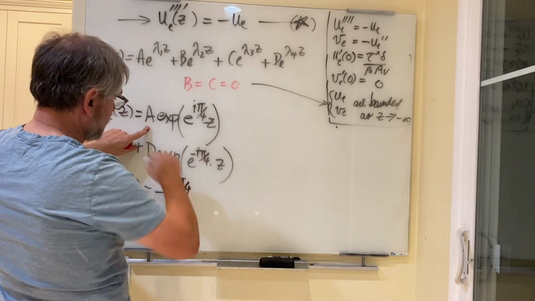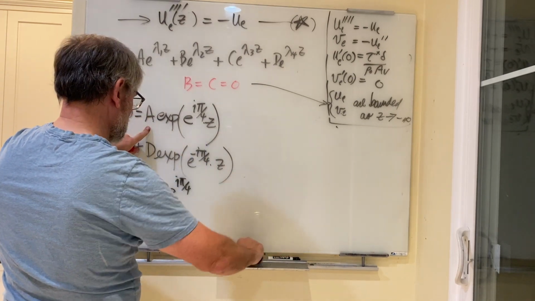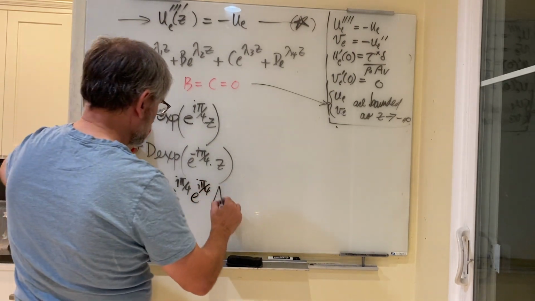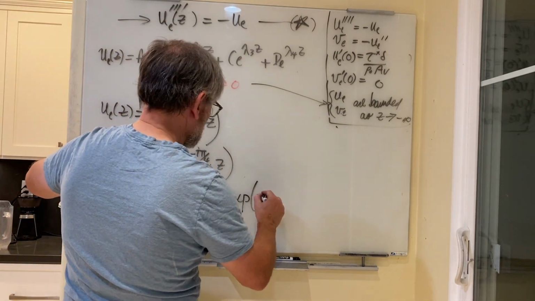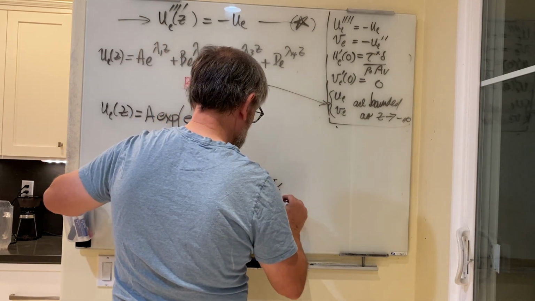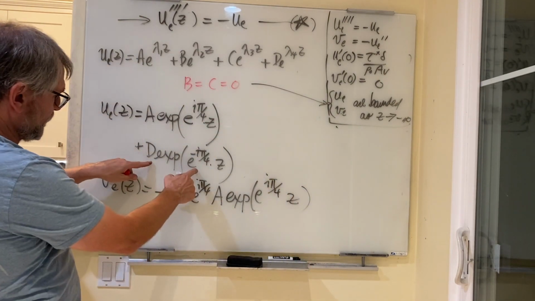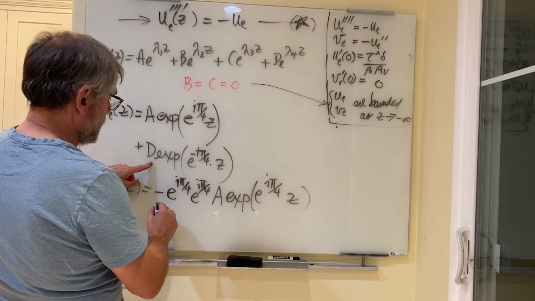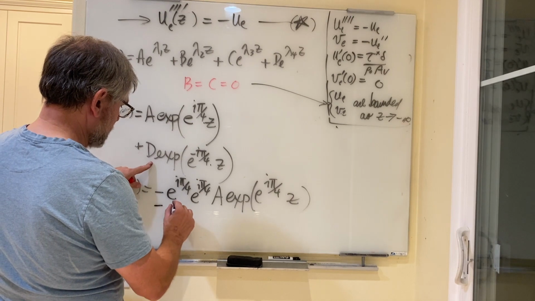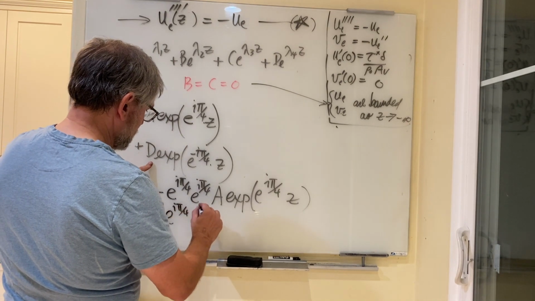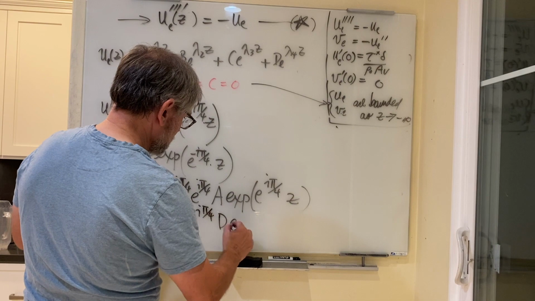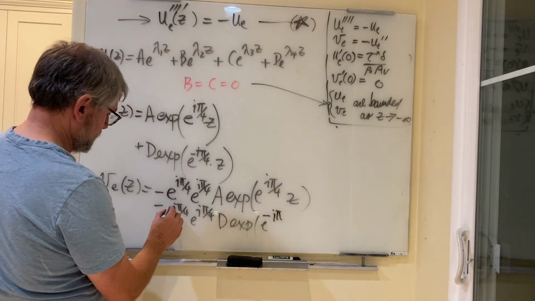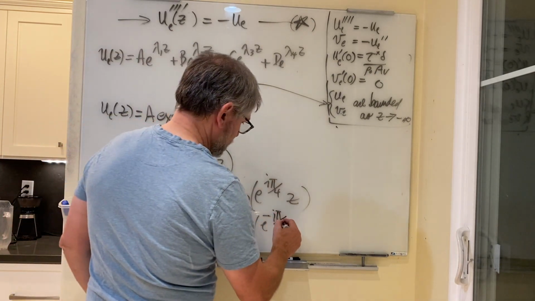I take these derivatives twice. So I'll just multiply twice for now, times a exponential e to the I pi by 4 z. And then from this one, two derivatives, minus e to the I pi by 4 times e to the I pi by 4 d exponential e to the minus I pi by 4 z.